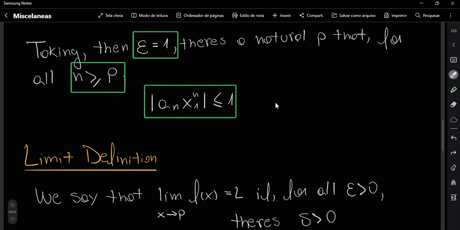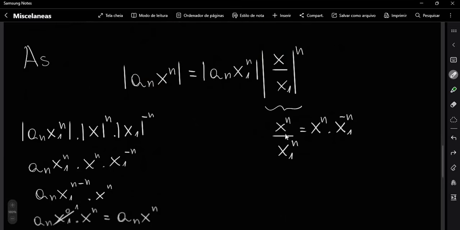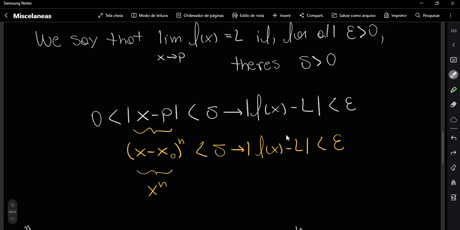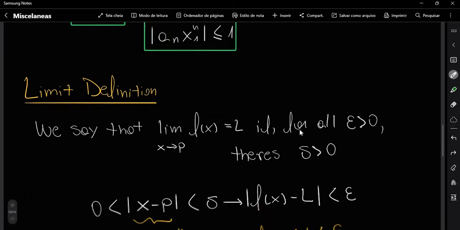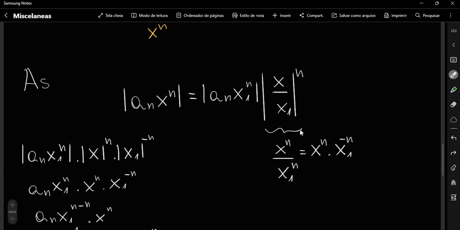And if we are saying that the module of x1 to the n is less or equal 1, so let me copy this expression. You can see it is this one right here.